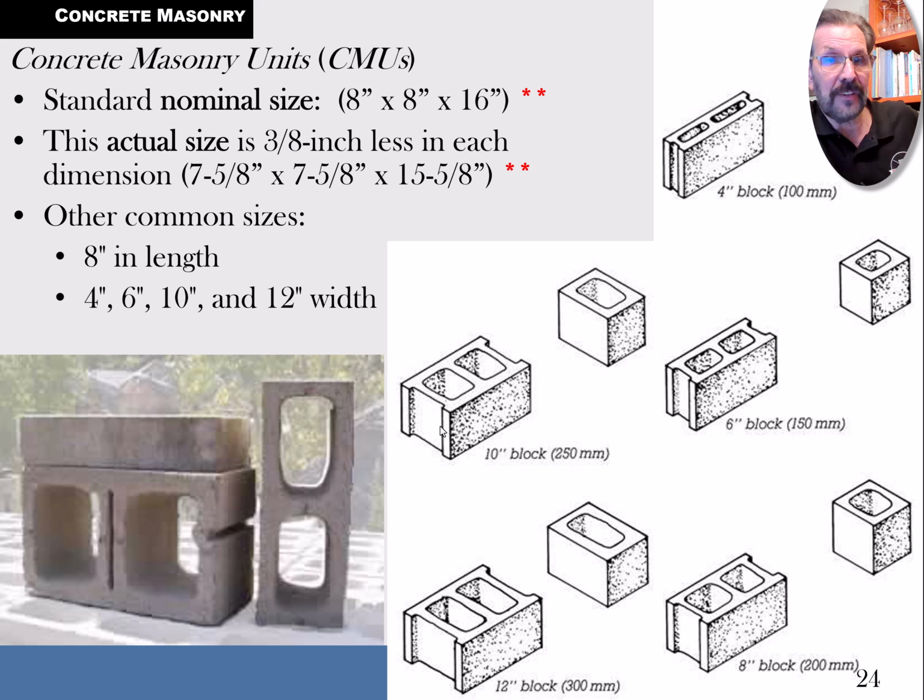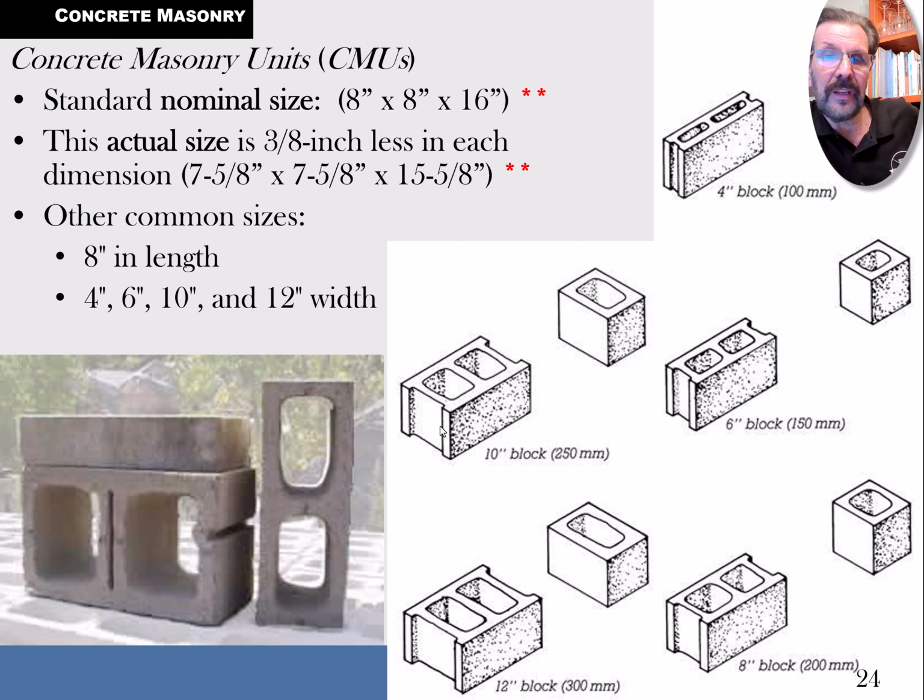The actual size is, instead of 8 by 8 by 16, 3/8 of an inch less than each of those dimensions. So the actual size is 7 5/8 by 7 5/8 by 15 5/8. And they're pretty reliably that.